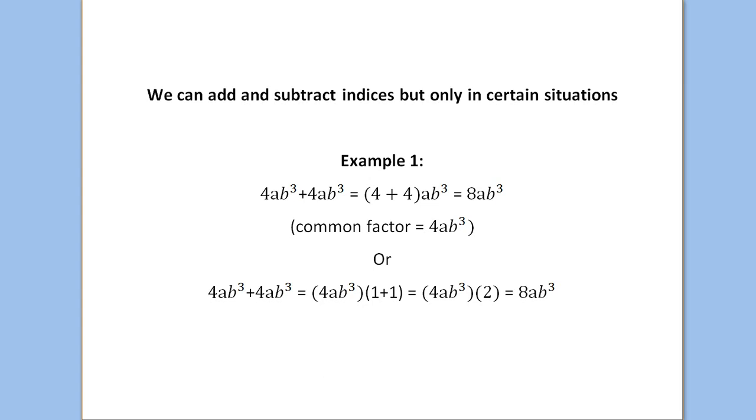It's pretty obvious where that comes from. 4ab cubed is equal to 4ab cubed times 1. And then that's equal to 4ab cubed times 2 in a bracket. 1 plus 1 is 2, and then you're just doubling 4ab cubed. So it's 8ab cubed. Again, it's entirely up to you which way you want to do it. They both get the same result.